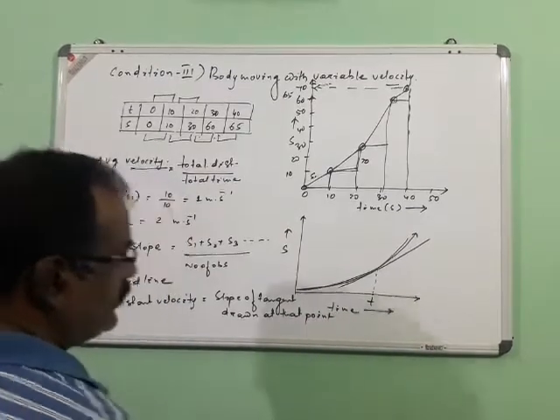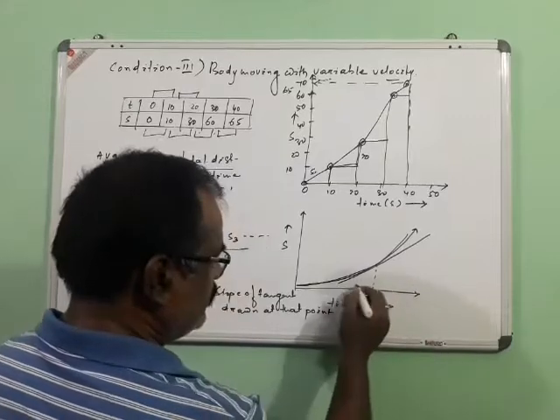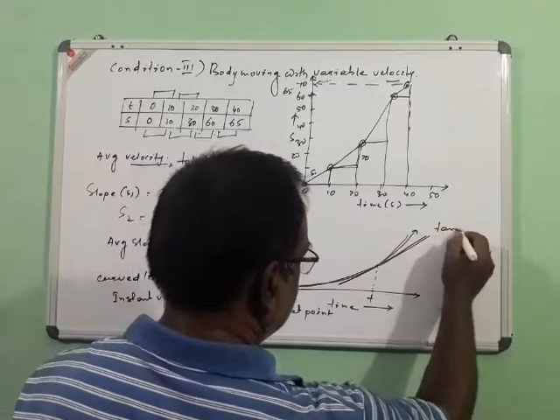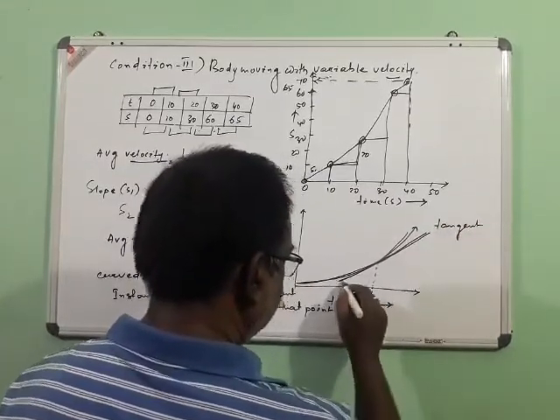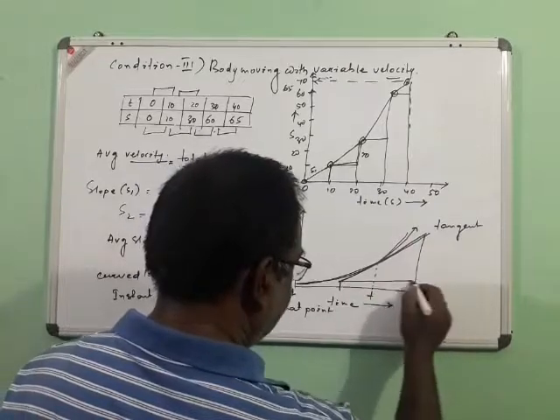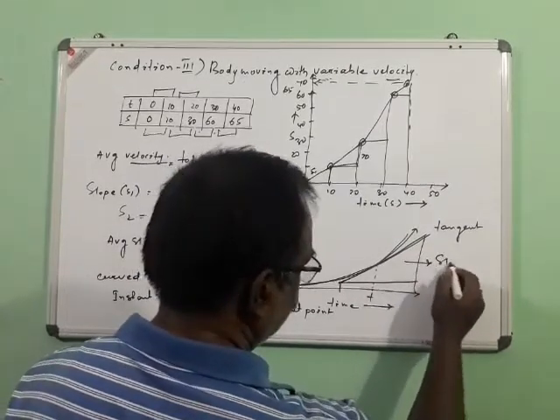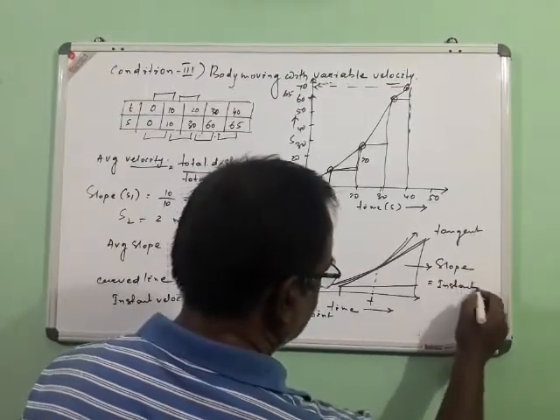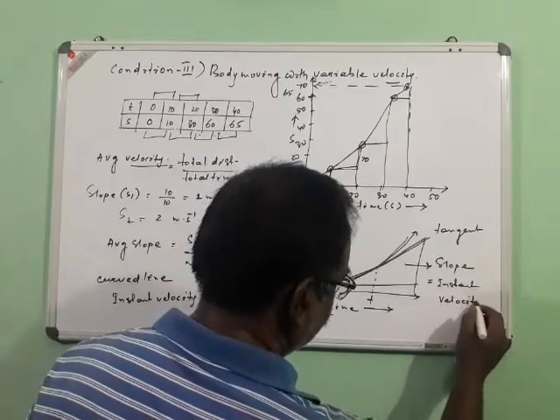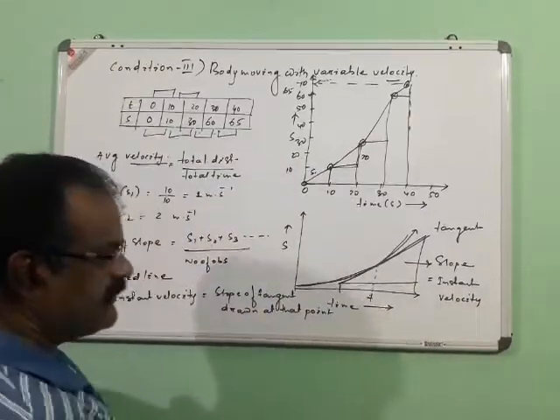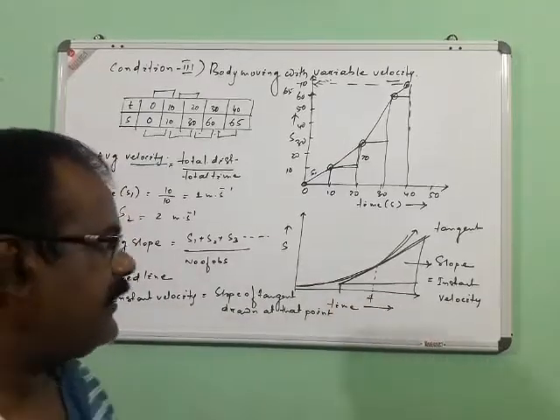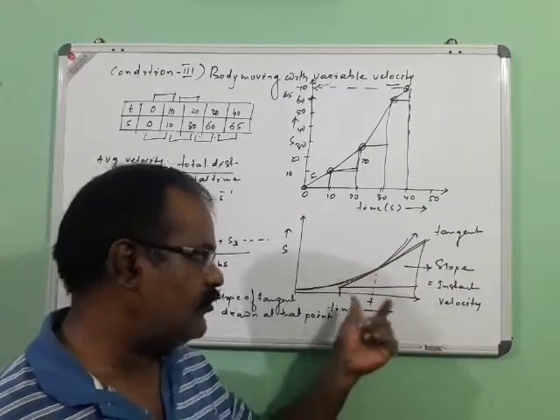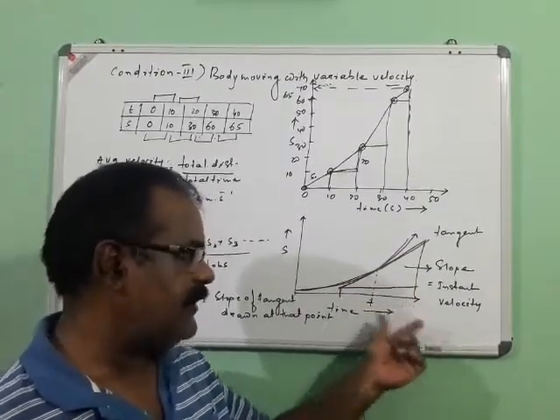The slope of this tangent indicates the instant velocity at that particular time. Say, for example, if we have to find the velocity at 5 seconds or 10 seconds, we draw the tangent at that point and find its slope, which gives the velocity of the body at that instant of time.